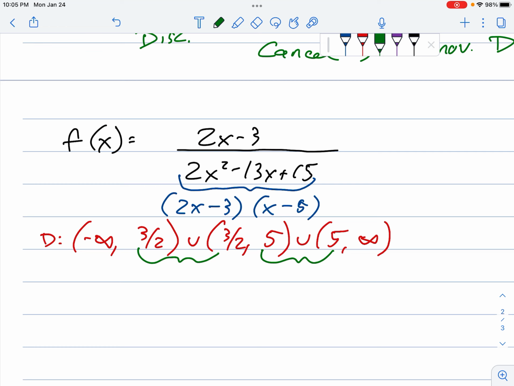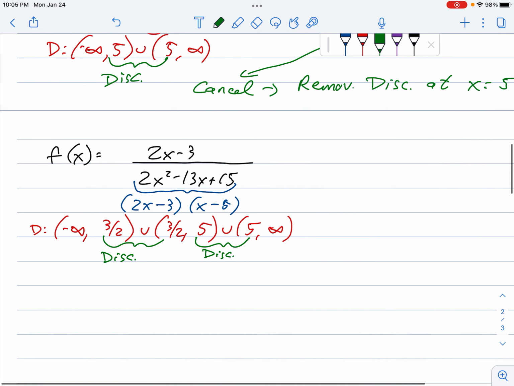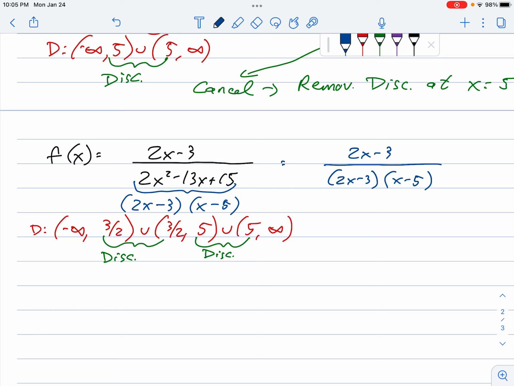So now in this function, I have two discontinuities, which means I should be able to name these two discontinuities. Maybe they're both removable. Maybe they're both not. Maybe one is. Let's see. So now that I've factored it, let's take a look at what we have. Here's my factored function.